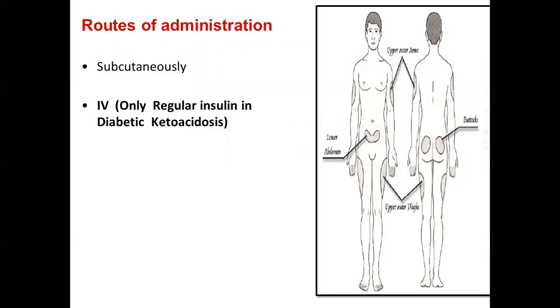Now, routes of administration. All the insulins that I have mentioned so far are principally given by subcutaneous injection. Many of you often make a mistake in the route of administration, so just remember, it is given subcutaneously. It can be self-administered. Most of the time you would have seen people injecting on their abdominal tissues, even on the arms.